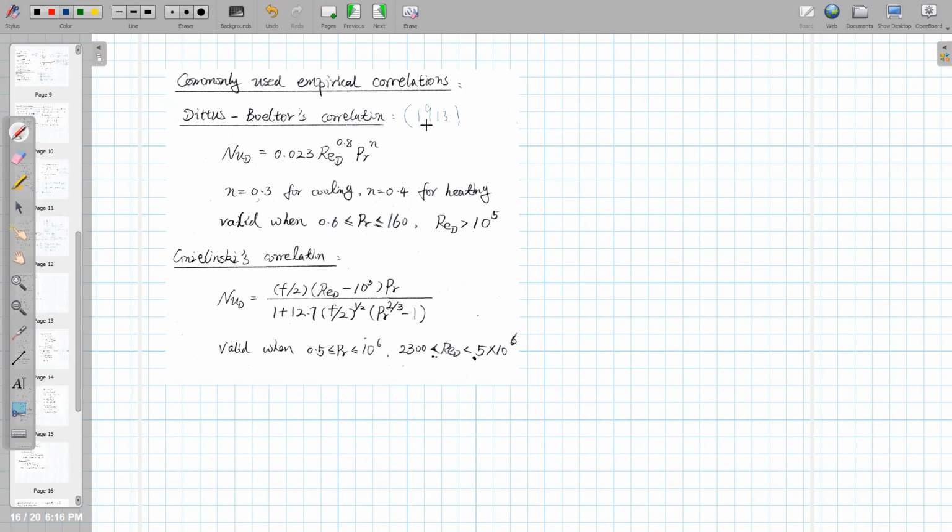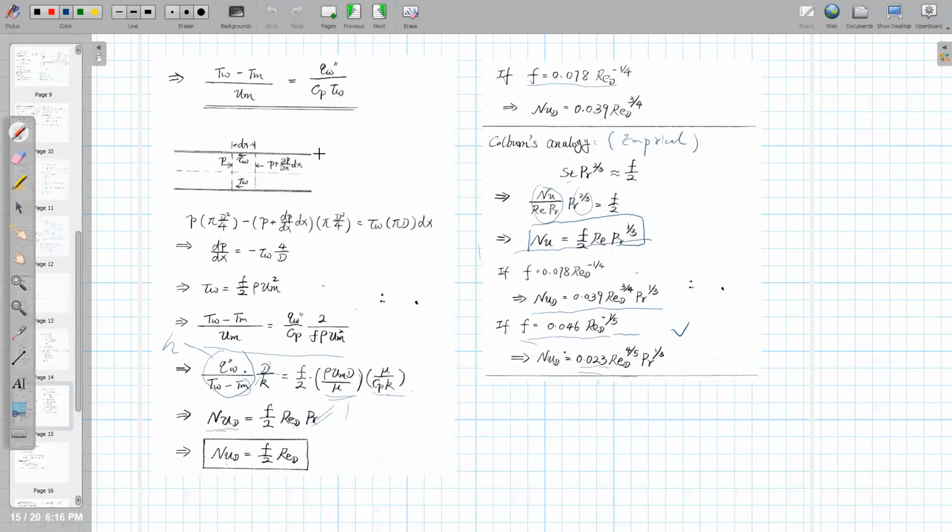This is also empirical. You can see this 0.3 and 0.4. We also have this 0.023, and they are not coincident. This value is not arbitrary; different researchers all came to this same constant.